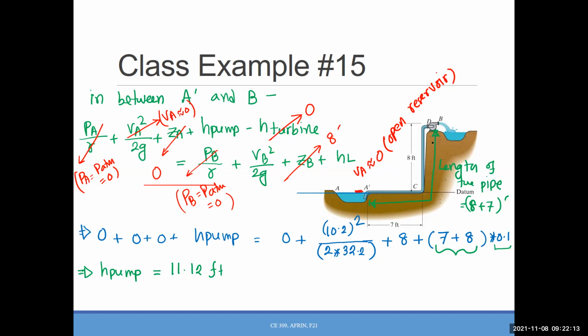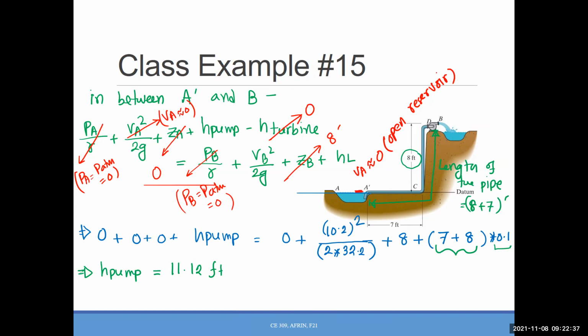The pump from this diagram, you can see the pump is actually lifting water for 8 feet, right? But the pump head, you got what? 11.12 feet. Why are we having these extra 3 feet of head or energy from the pump?